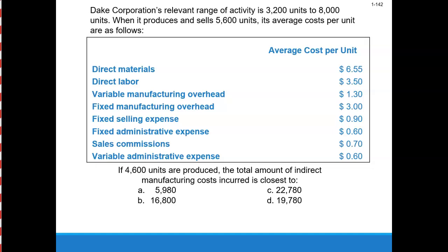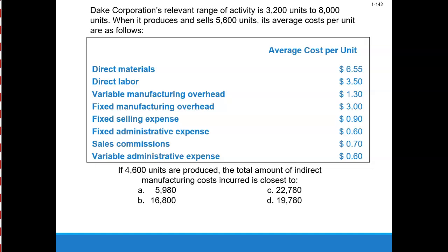So if 4,600 units are produced, the total amount of indirect manufacturing costs incurred is closest to what? Guys, this exact question and ones just like it are on this quiz this week. So let's really pay attention to the answer here because you're going to see it again. I promise you're going to see them a couple times.